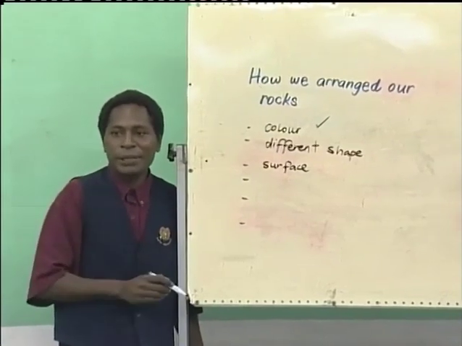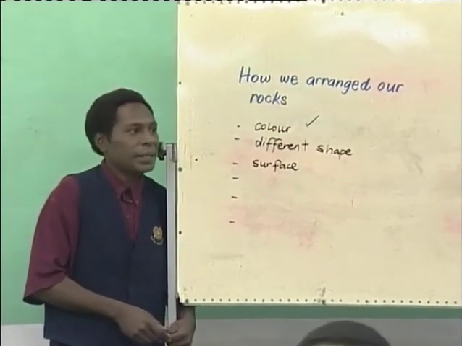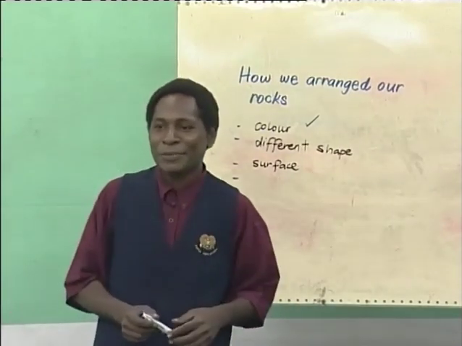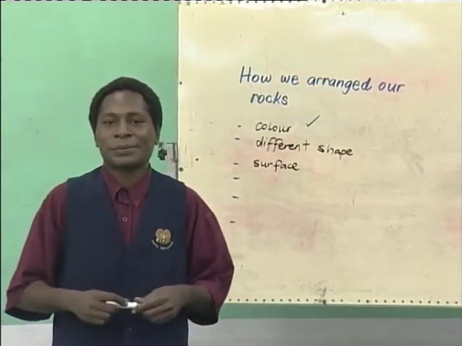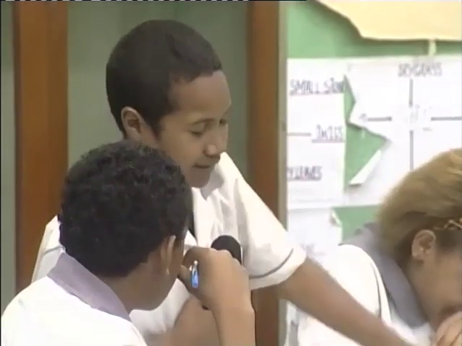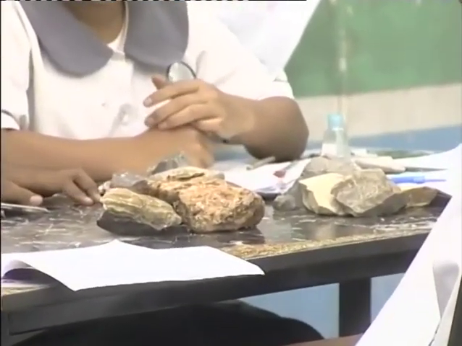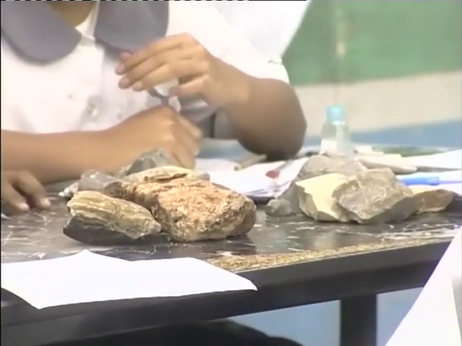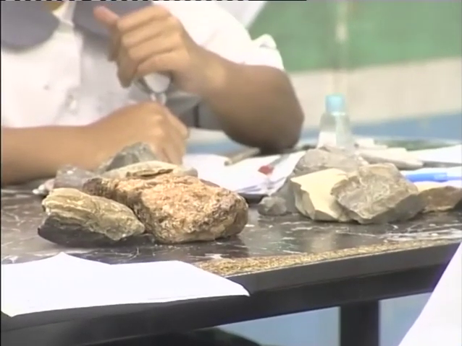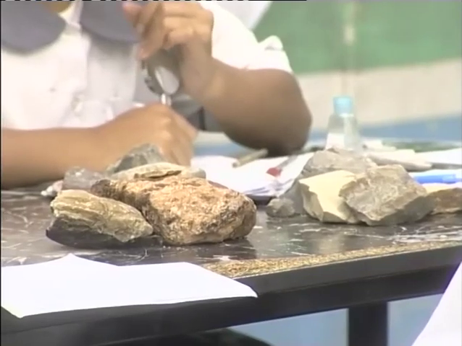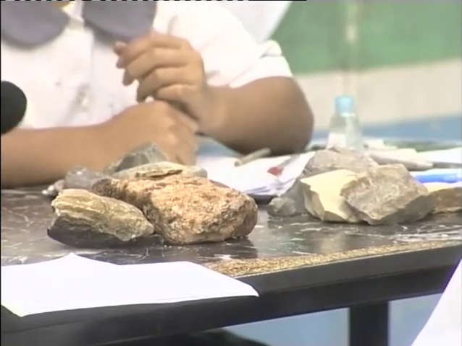Can you explain further why you arranged it according to the surface? Good. Explain further. Because some of the rocks have smooth surface and rough surface. Some are solid and some have holes on them.